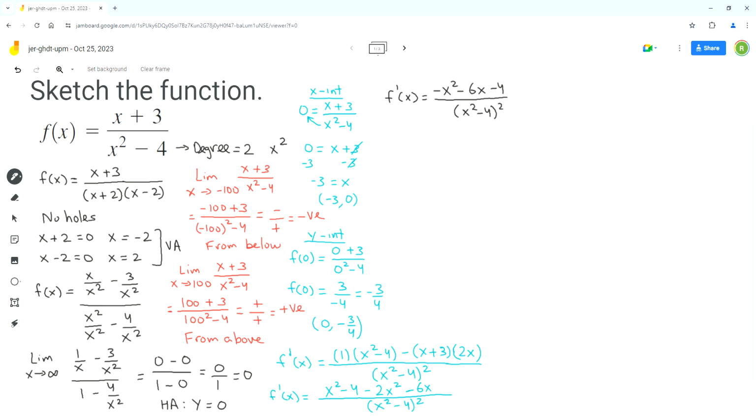Now we can start by setting the derivative equal to 0 and finding the critical numbers. So we can cross multiply the denominator.